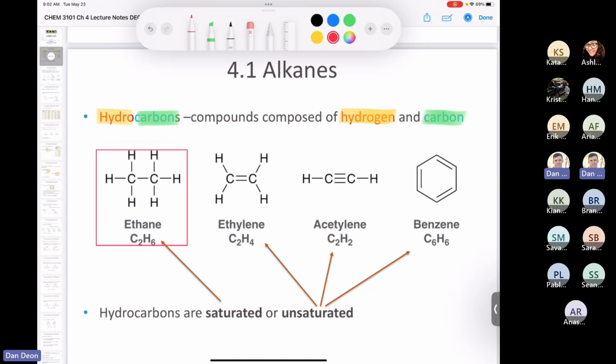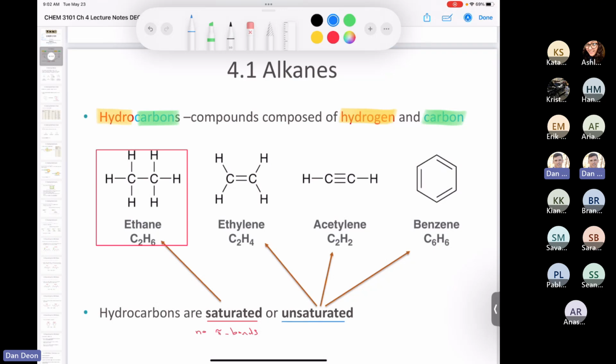We say that an alkane is saturated because it has no double bonds in it, so no pi bonds. Technically there's some technicality to that, but you could just say all single bonds or no pi bonds. Everything else is unsaturated, and all of those have pi bonds in them.